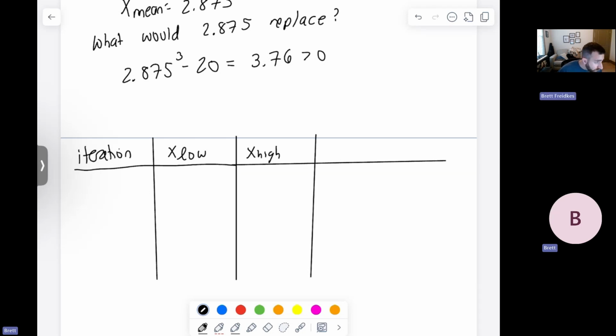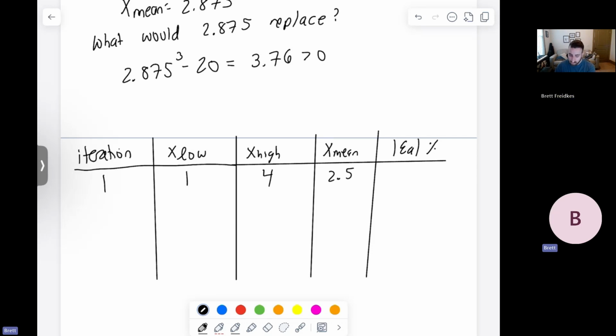What else do we got? X mean, and then epsilon A as a percentage. Iteration number 1, we said that the xlow and the xhigh were 1 and 4 respectively, and we found that our mean was 2.5. That's what we did at the first thing in the video.